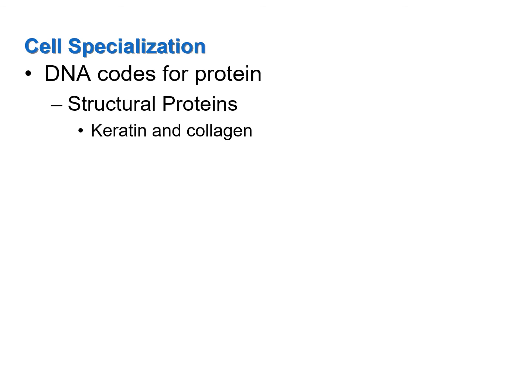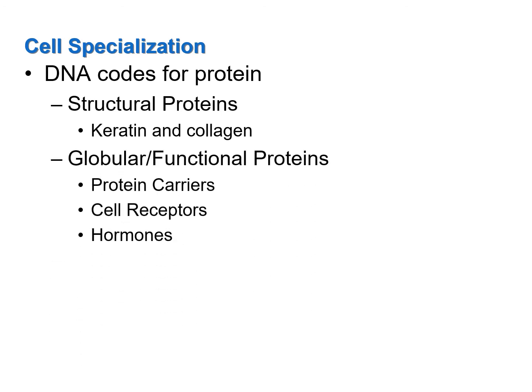Remember that over 50% of the organic matter of your body is composed of structural proteins, all of which are made according to your DNA. But not only the structural proteins, but the globular or functional proteins are made according to your DNA.